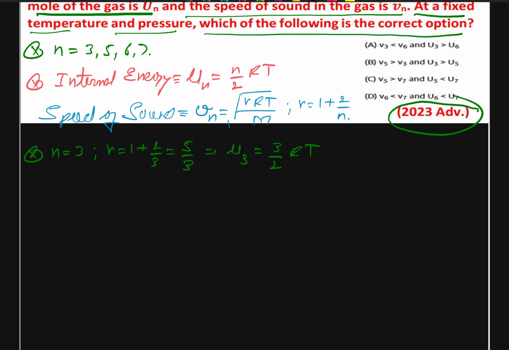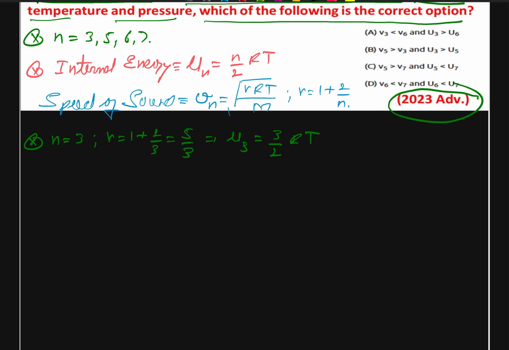And V_3 will be equal to, gamma is our 5 by 3, so this comes as the square root of 5 by 3 times RT upon M.